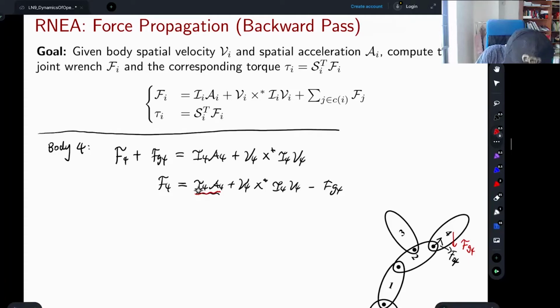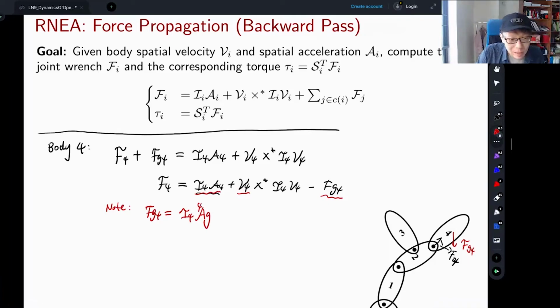Okay, this guy is known. The inertial property, you have to know the inertia matrix. Velocity we already computed, acceleration computed, and this is the gravity force, and that can be computed easily. Note, typically we'll write it like that. Let's say Fg4 is the inertia I times Ag in 4, that's the acceleration of the gravity.